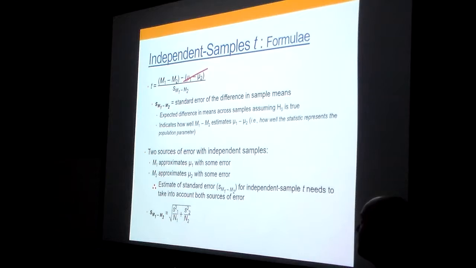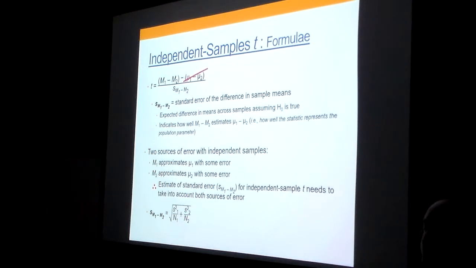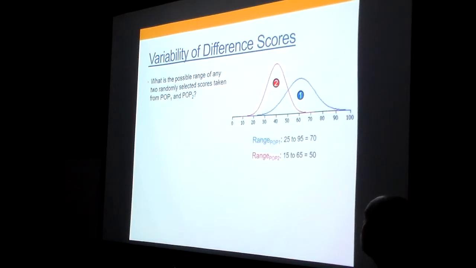If you compare the formula for standard error for our single sample t-test with our independent sample t-test, basically you've got this term and then you've got this term again. It functionally doubles your standard error. And the reason for this is we're working with variability in both populations. If we're comparing our sample against some reference value, the reference value is the reference value, right?